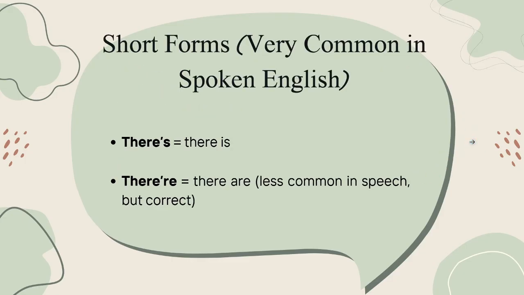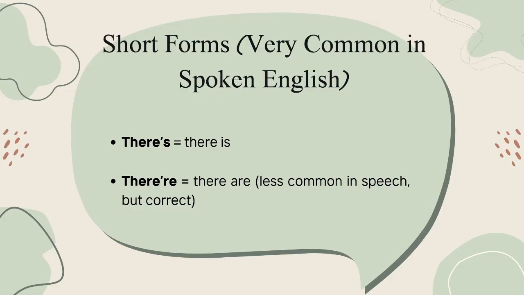Now let's see the short form that is very common in spoken English. In everyday English, we often use contractions. There's means there is, and there're, where you add another there, means there are.